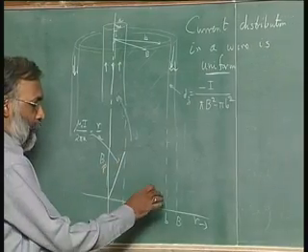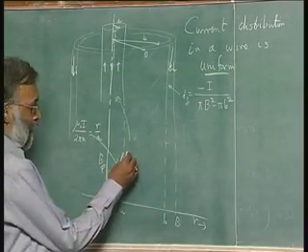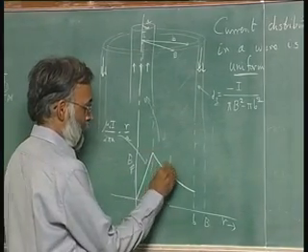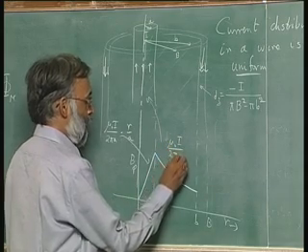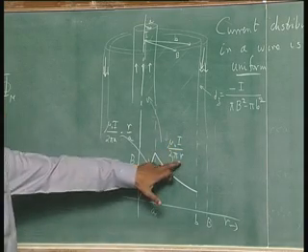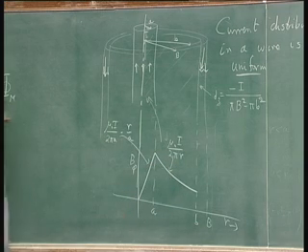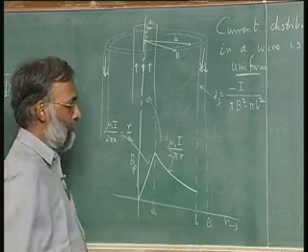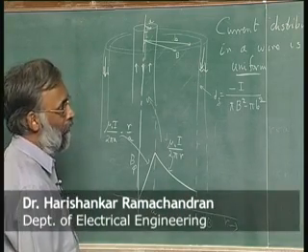Once it is outside the inner conductor, but still in the gap, the field decreases. This is mu naught I divided by 2 pi r. So, now it is a 1 over r dependence. And then finally, the magnetic field drops to 0 and it drops to 0 parabolically.